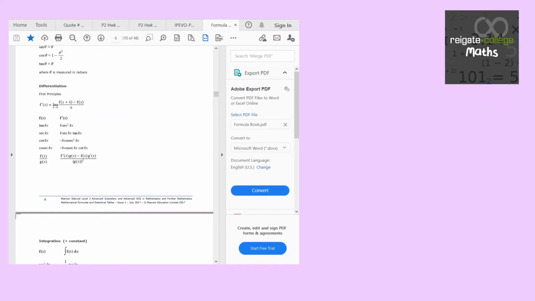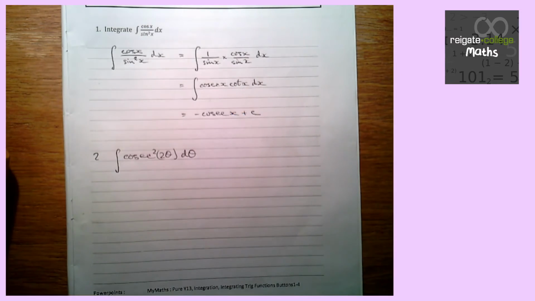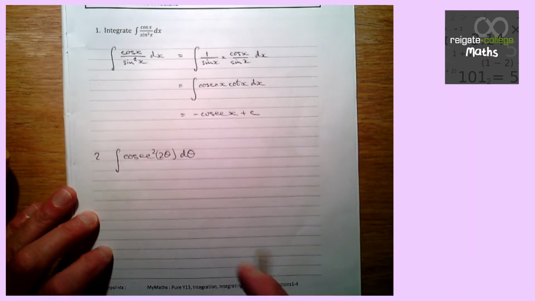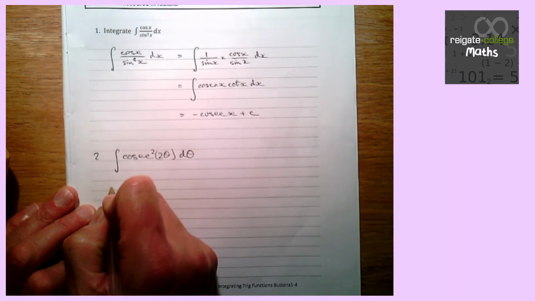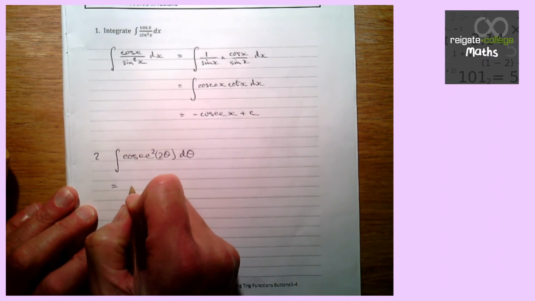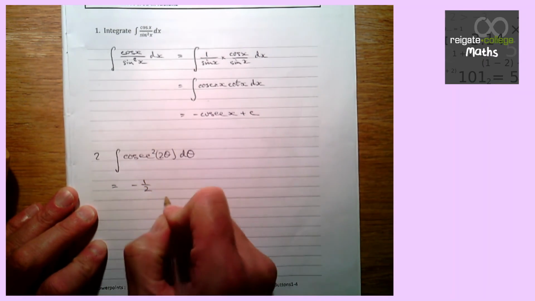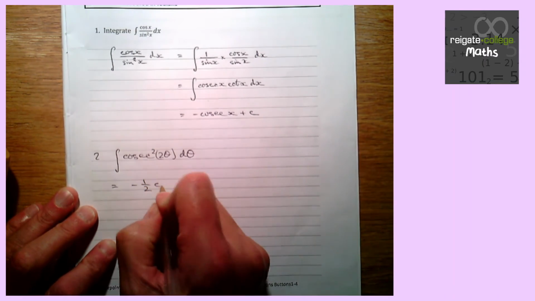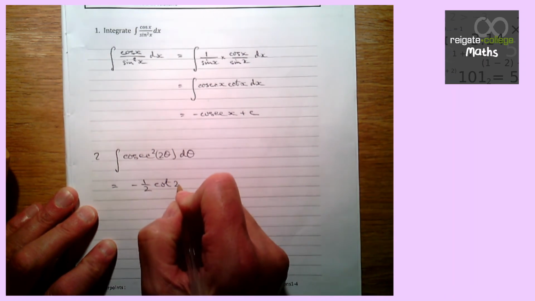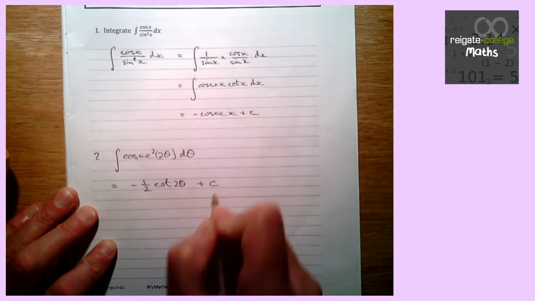So we've got the cosec squared of kx, we just haven't got the minus k. So what we need to do is we need to do the opposite when we integrate in this case. So instead of multiplying by minus 2, we're going to divide by minus 2. So we get minus a half of cot of 2 theta plus c.